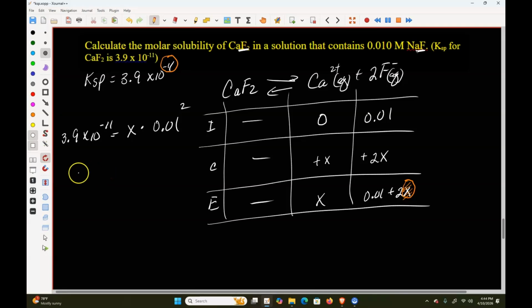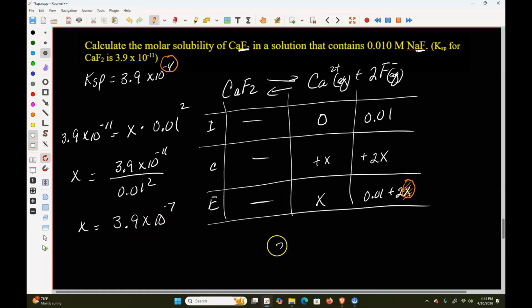All right, so x is going to be 3.9 times 10 to the negative 11 divided by 0.01 squared. So x is going to equal 3.9 times 10 to the negative 7th. So I can say then 3.9 times 10 to the negative 7th molar calcium fluoride is my answer.